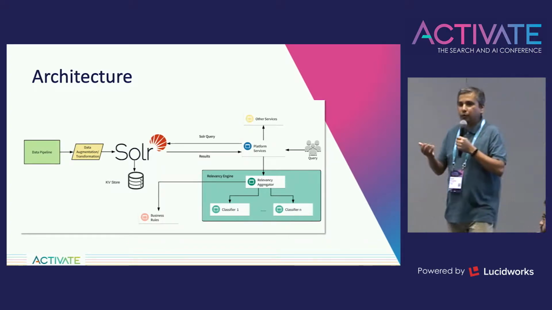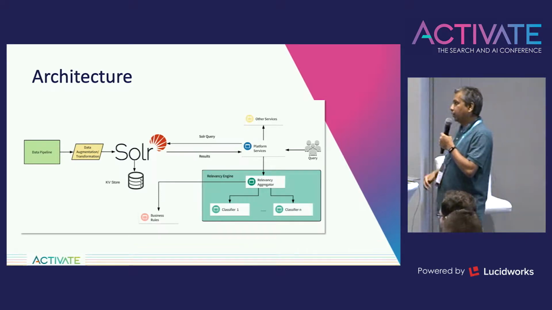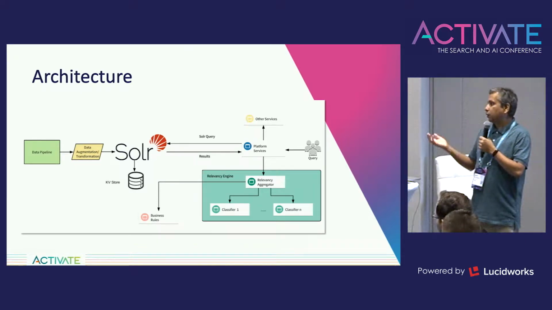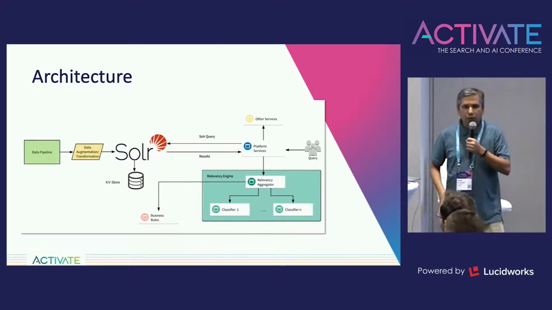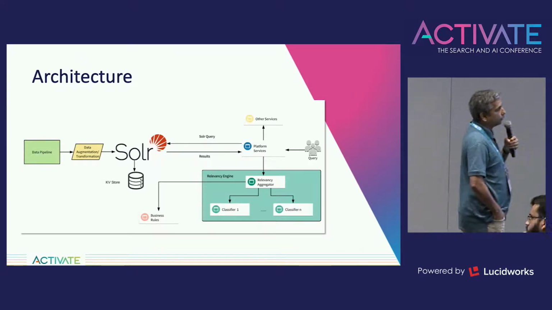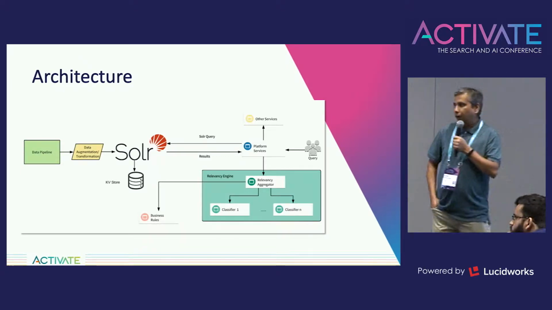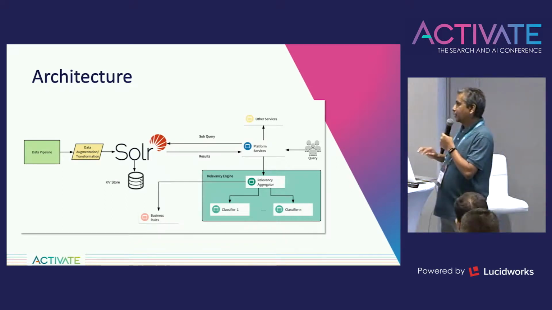There could be other parameters that come in for store availability, for example, and it aggregates everything and then calls Solr. Solr also calls a key value store that you would see there, which we use for our store availability. That forms the overall architecture point of view.